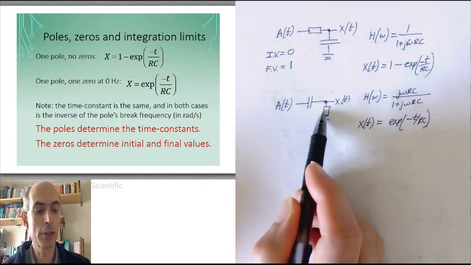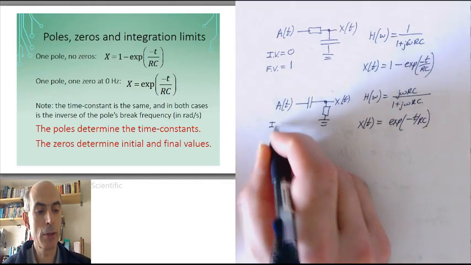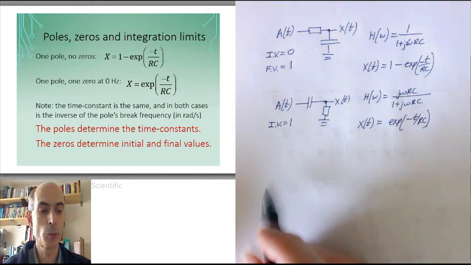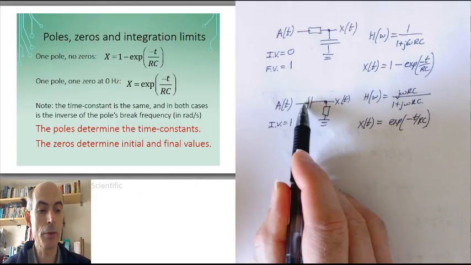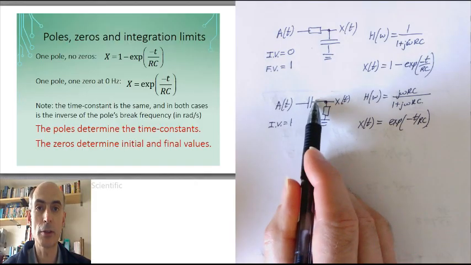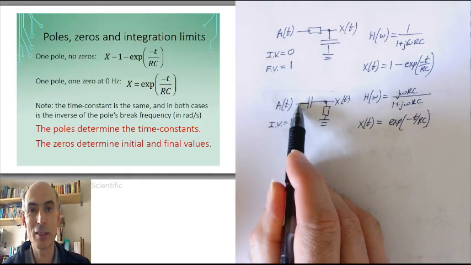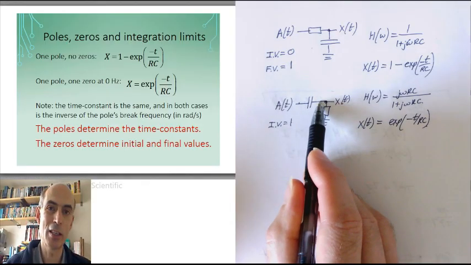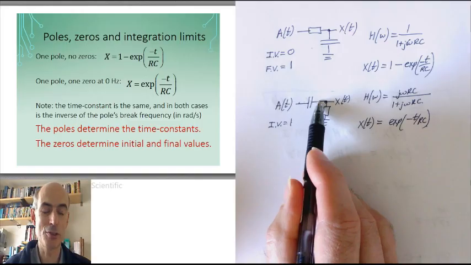Similarly, for this circuit here, its initial value is equal to 1, which we can get by arguing that the voltage across the capacitor must be 0 just after the step, and if the voltage on this side is 1, then the voltage on this side must be 1 as well, just after the step.